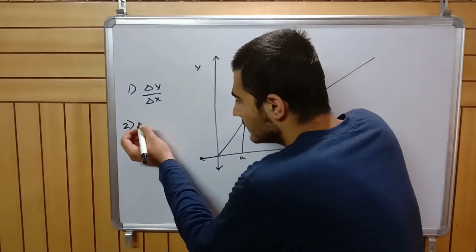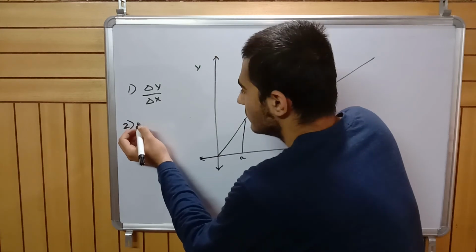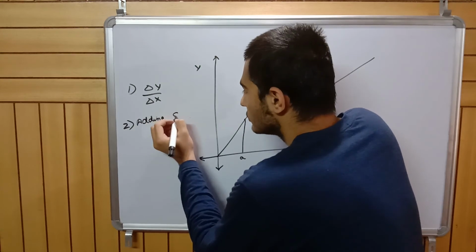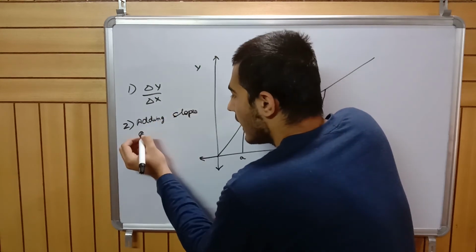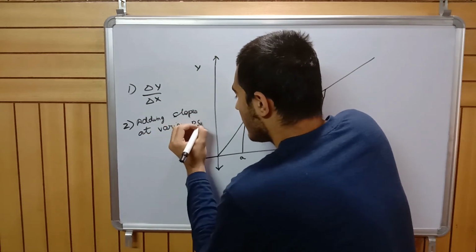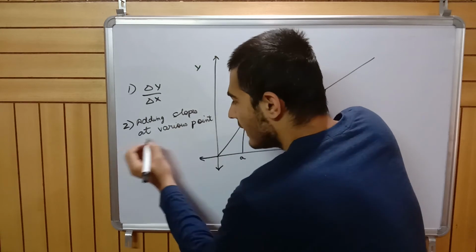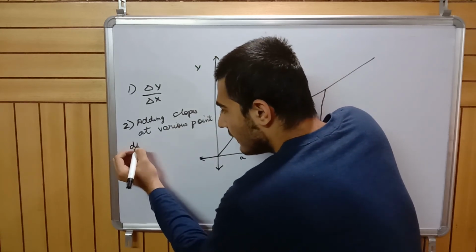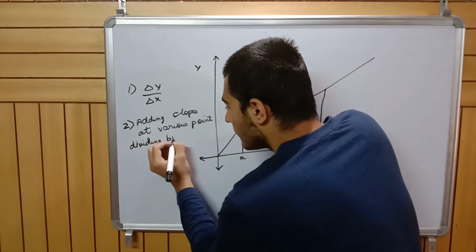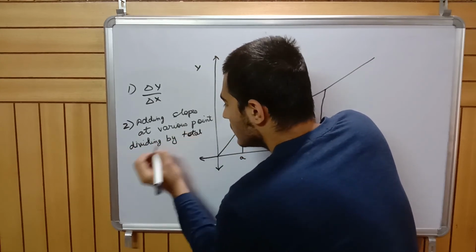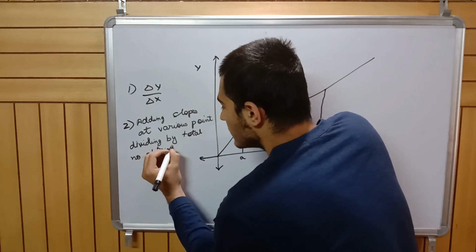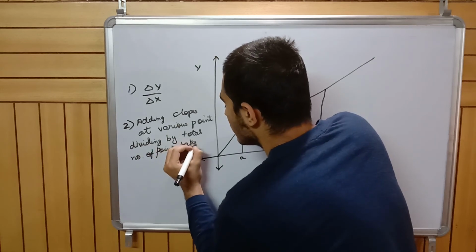So how do I write it? The second way is adding slopes at various points, and then dividing this whole thing by the total number of points taken. Sorry for the handwriting.